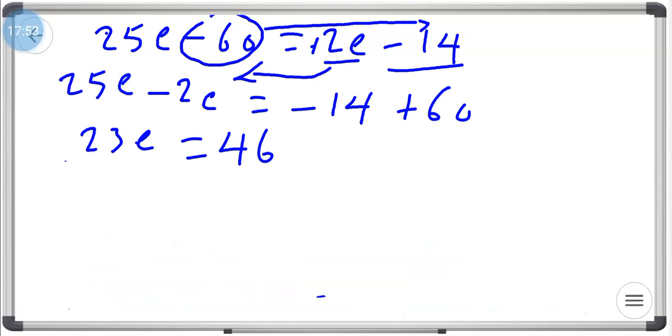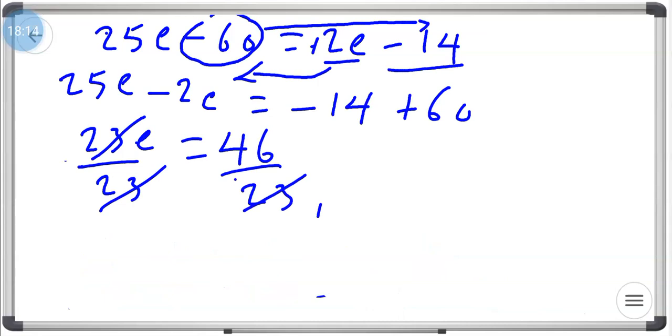Now to be able to get the unique value of e, we need to divide both sides by 23, because the 23 here is the one disturbing the e here. So we divide both sides by 23. That 23 here, we cancel 23 here. And here, 23 in 46, that is 2.